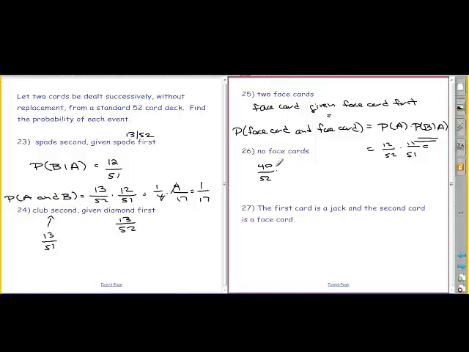So you'd have 40 out of 52, and if the first one you choose is not a face card, then how many are left to choose from that are not face cards? Well, there are going to be 12 face cards and 39 not face cards, and they're going to be 51 cards.